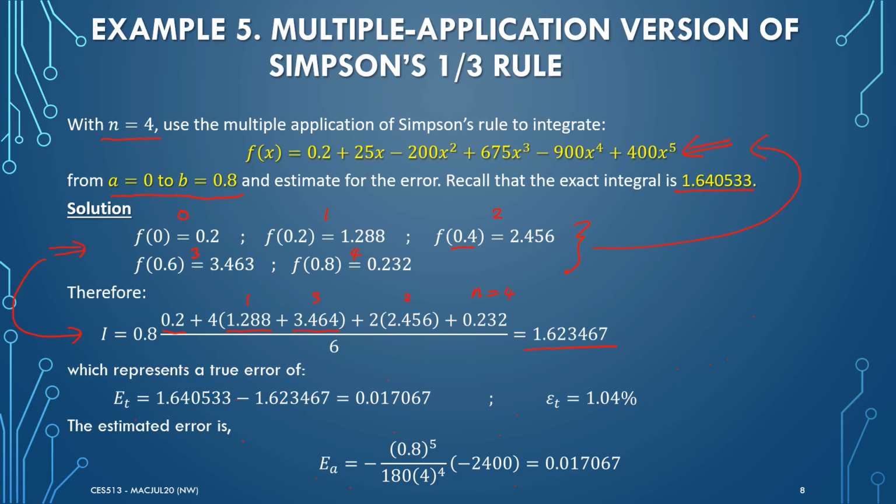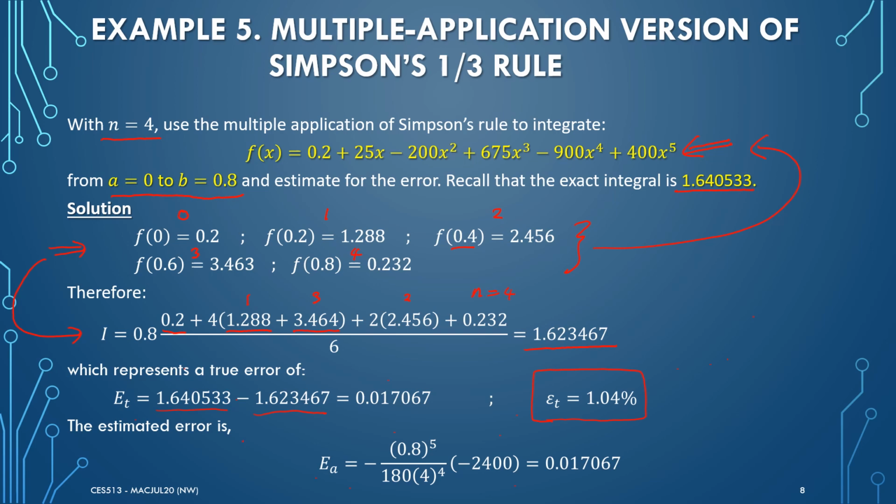which will represent a true error of, this is the exact value of the integration minus the estimated value, then we will get 0.017067, bringing the relative true error equal to 1.04%.